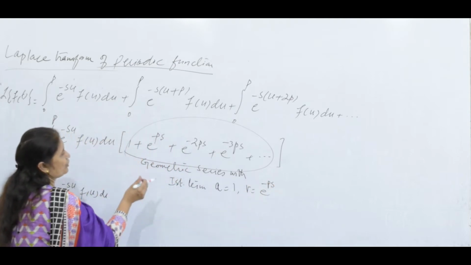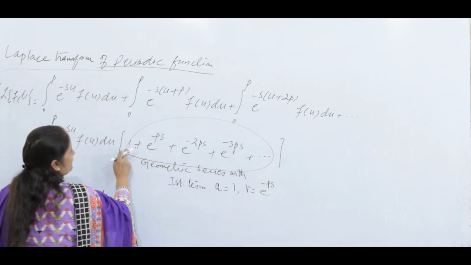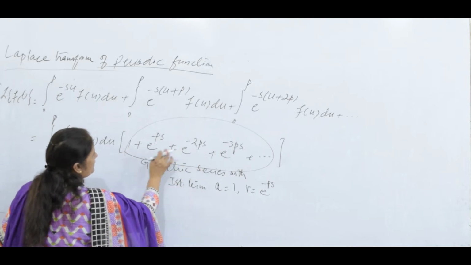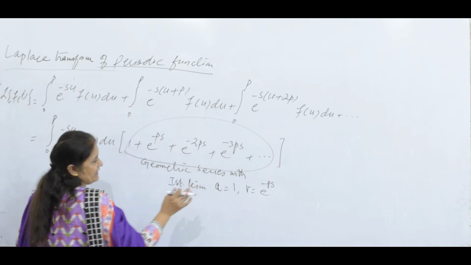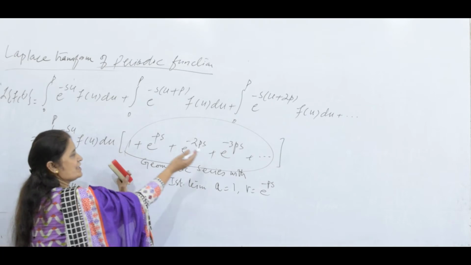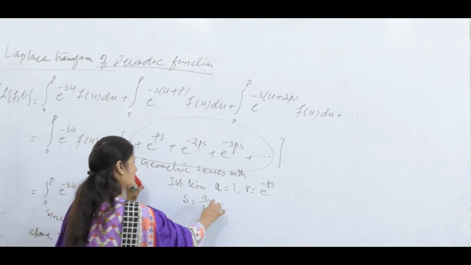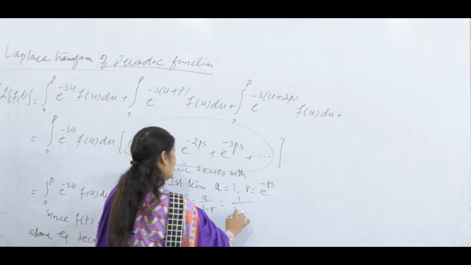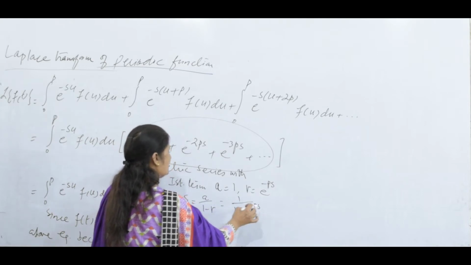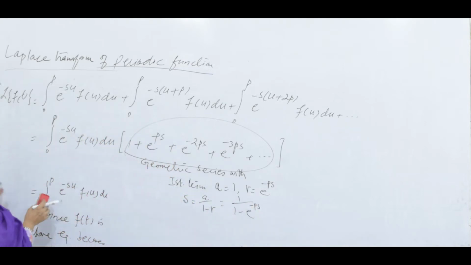This is the common ratio. You are putting this term in the numerator and dividing by the previous term in the denominator, so you get r as the common ratio. Since this is the sum of the series, it can be written as a over 1 minus r, which is 1 over 1 minus e^(-ps). This is going to be the sum.